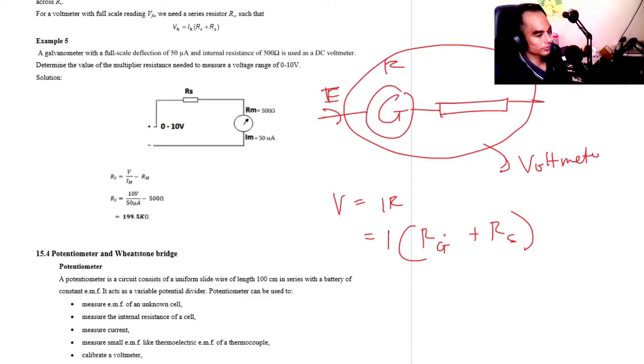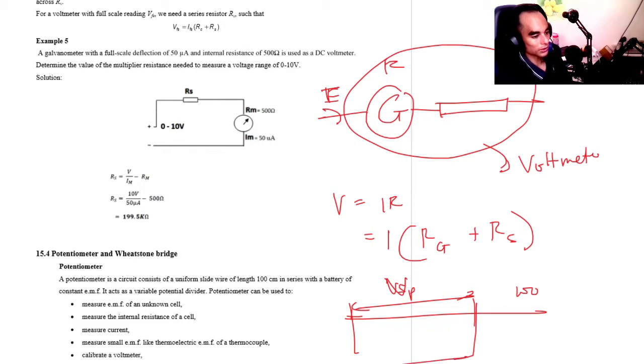Potentiometer. Remember when you do your experiment, with the potentiometer, you have a 100 centimeter wire, and then you can measure the voltage. You have a jockey, and this voltage, the primary, will be equal to the voltage at the secondary down there.